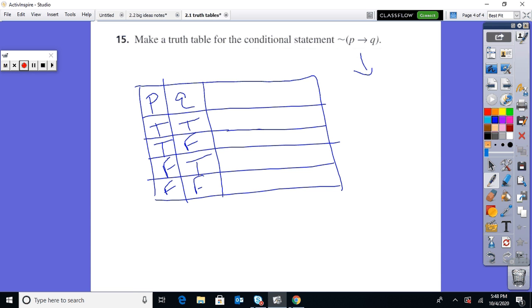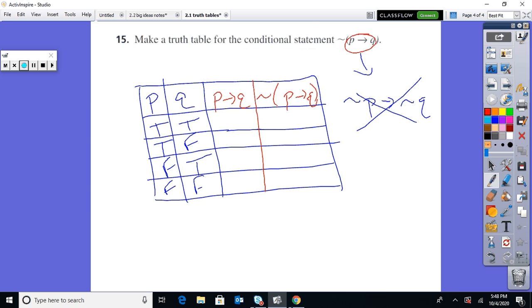This is not the same as this. There's no distributive property in the world of logic. So instead, what we want to do is find what P arrow Q is, and then we can negate that whole column whenever we do the negation of P arrow Q.